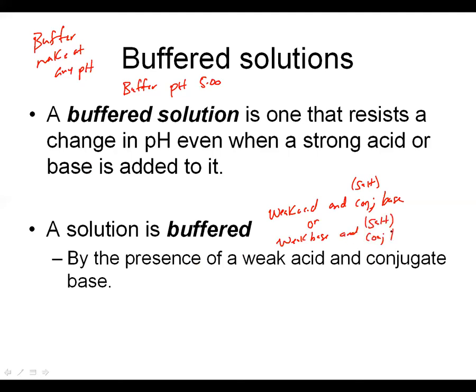The important part here is the weak part. You cannot have a buffer that is a strong acid or a strong base, because a strong acid or base 100% breaks apart into ions.